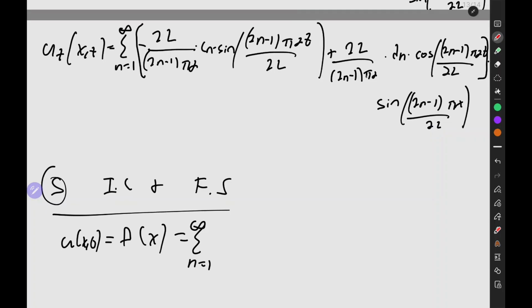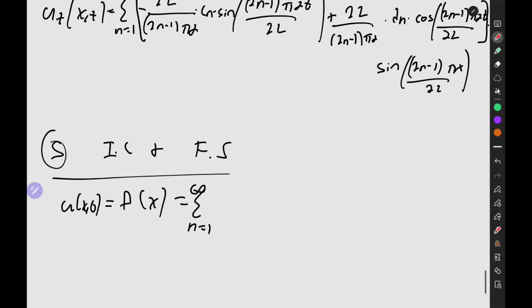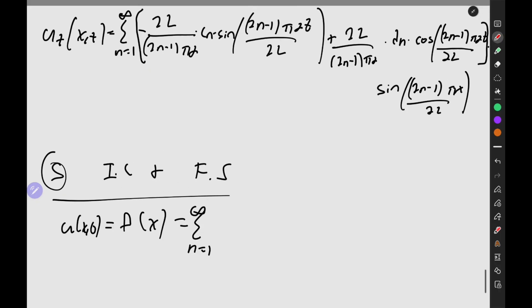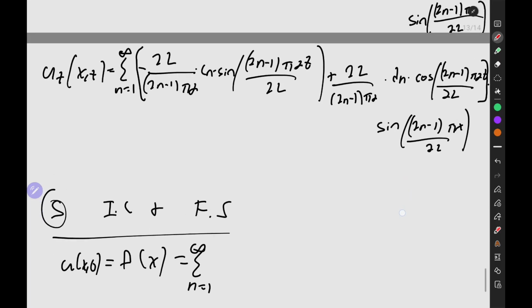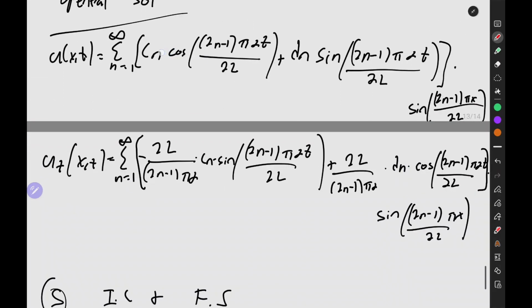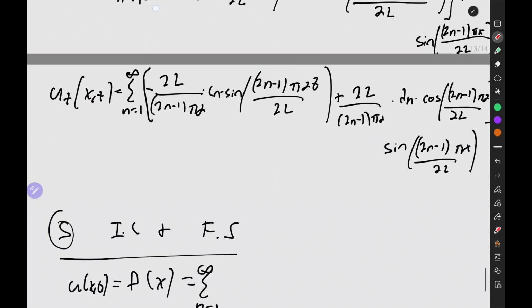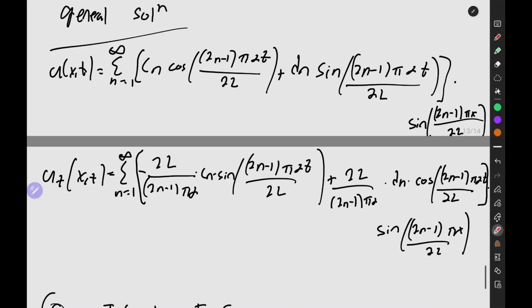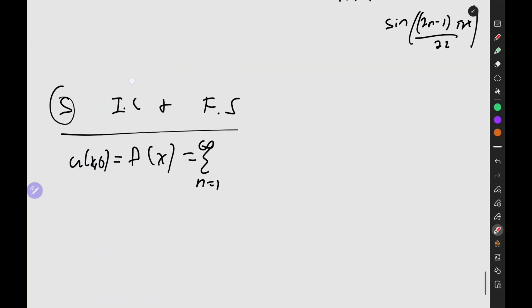cosine of 0 is 1, so then we're left with this whole 2L over. Well, actually, I should be looking up here at this one. At t 0, this goes to 1, so it's c sub n times this.